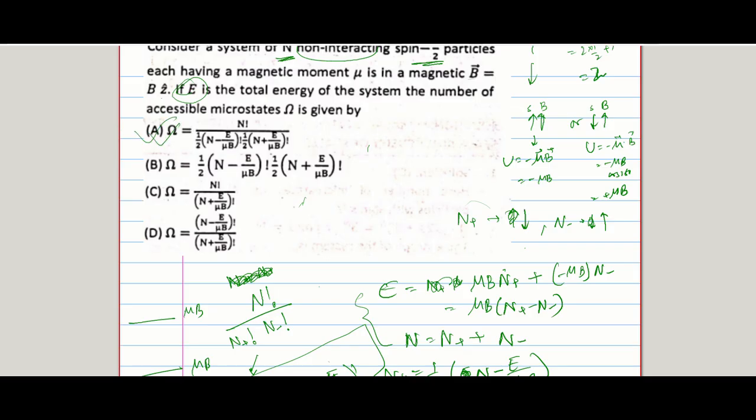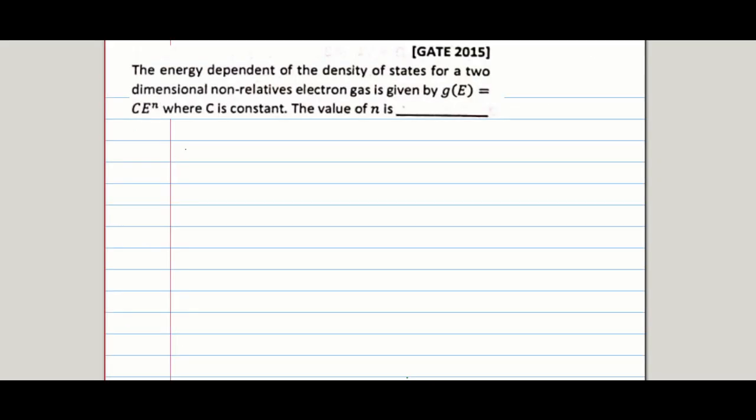Okay. As I said in my earlier question, the density of states in 2D doesn't depend on energy, which is E to the power 0, which means n is 0, sorry, and this is given in 2D. So density of states doesn't depend on energy, so E to the power 0.